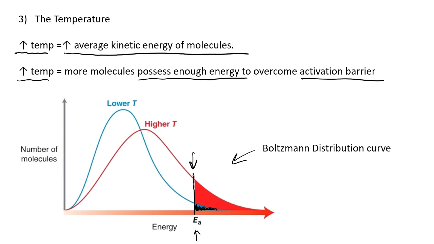The area under the curve can be integrated to give you the fraction of molecules. So at a lower temperature, we have a particular fraction of molecules that have enough energy to overcome that energy hump. But what happens when we heat it? The curve flattens and spreads out, and now we've got a larger fraction of molecules that can overcome that activation energy barrier. So the reaction will occur more quickly.